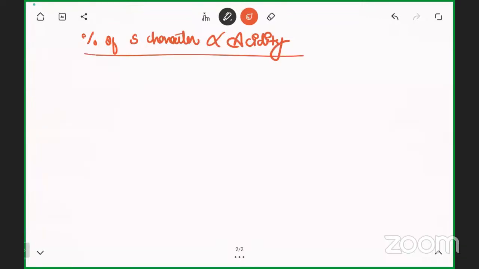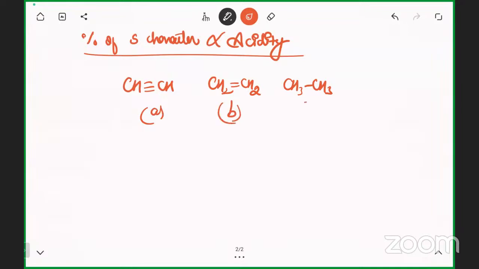So now tell me which one is more acidic. Which one is more acidic? A, B, or C?